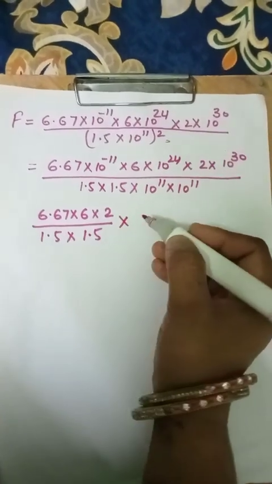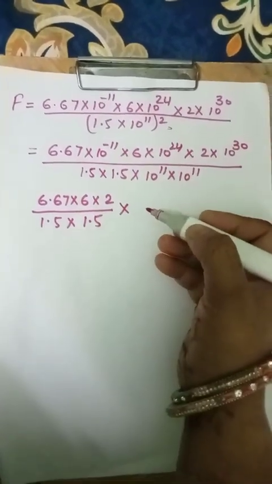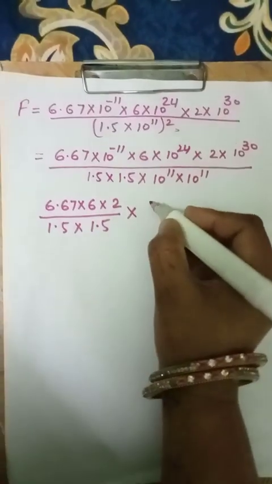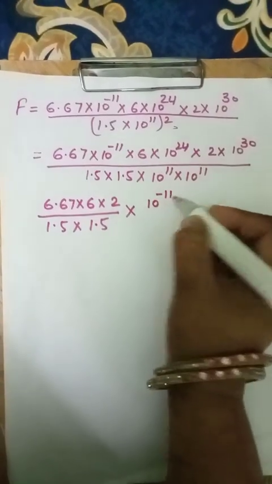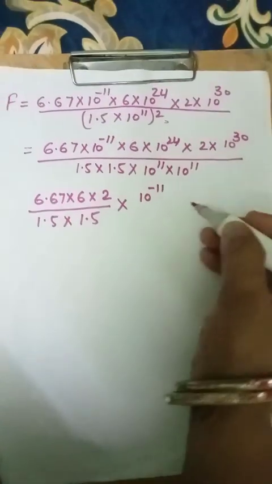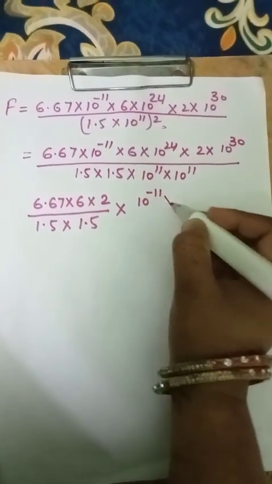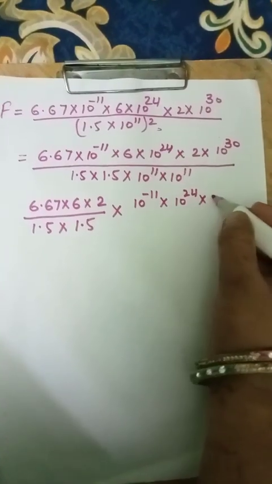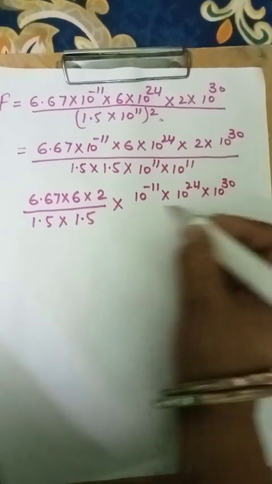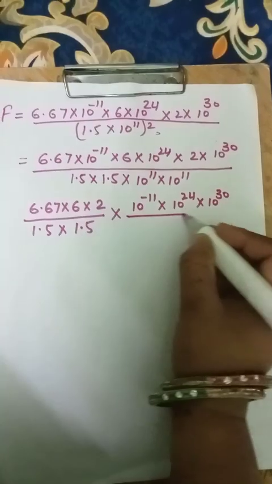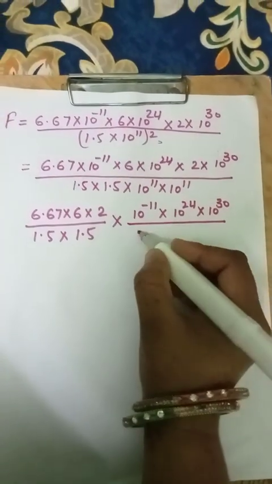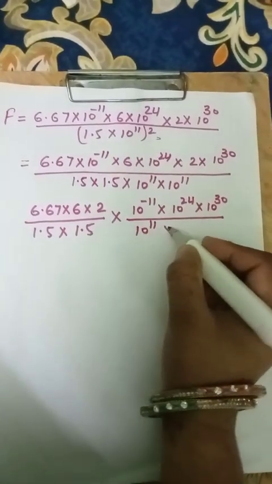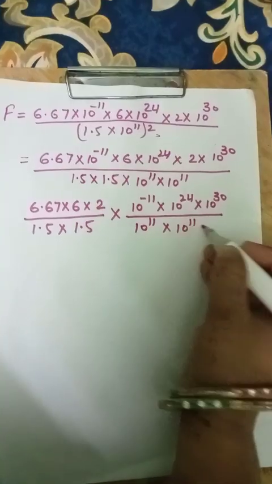So over here we need to write the multiply sign and write 10 raised to power 11. All these 10 raised to power terms we need to write here. So 10 raised to power minus 11 multiplied by 10 raised to power 24 multiplied by 10 raised to power 30, right? And here 10 raised to power 11 multiplied by 10 raised to power 11.